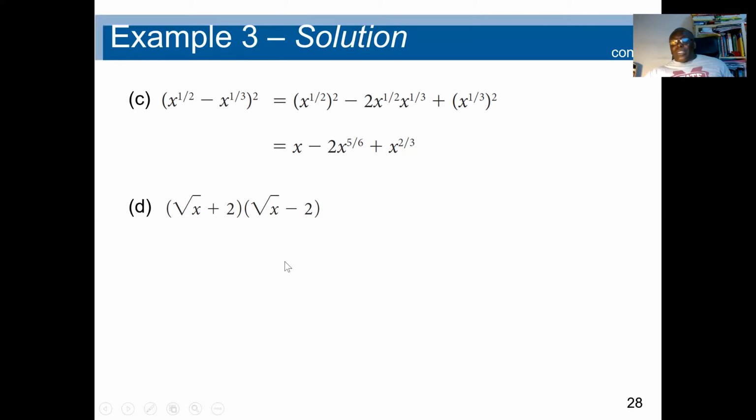This is what we call the difference of two squares. So the answer will be square root of x squared minus 2 squared, which will be x minus 4. So we don't need to multiply all the terms, just to save time. If the terms are the same, and one is positive and one is negative, and it's a binomial, only two terms, then we have a difference of two squares. So the answer will be x minus 4.